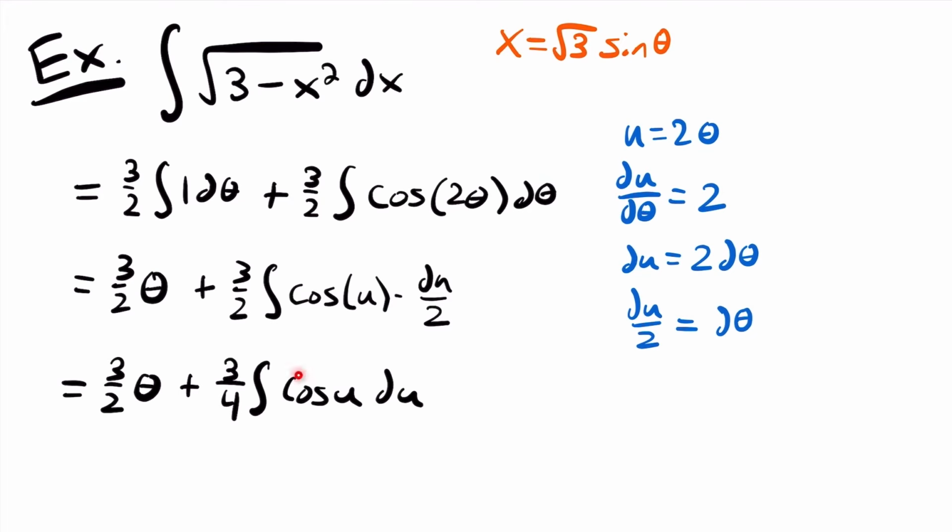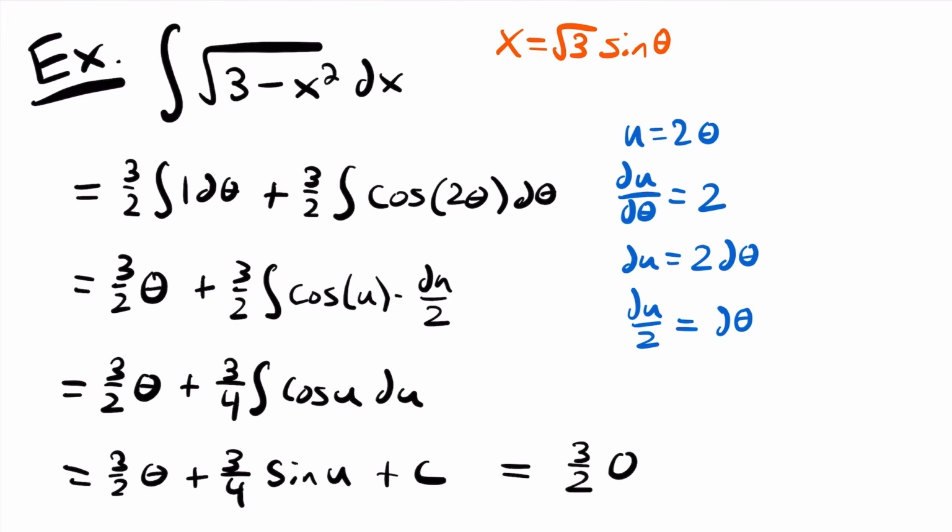And the integral of cosine is sine. And so this is equal to 3/2 times theta plus 3/4 times sine of u plus c. But then we just need to replace u with what we set it equal to, which is 2 theta. And we'll have that this is equal to 3/2 times theta plus 3/4 times sine of 2 theta plus c.